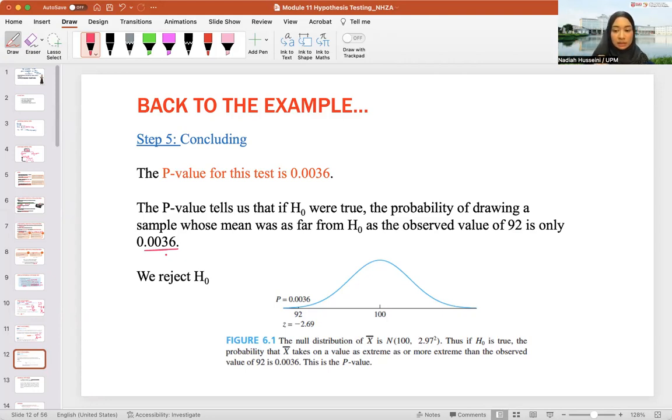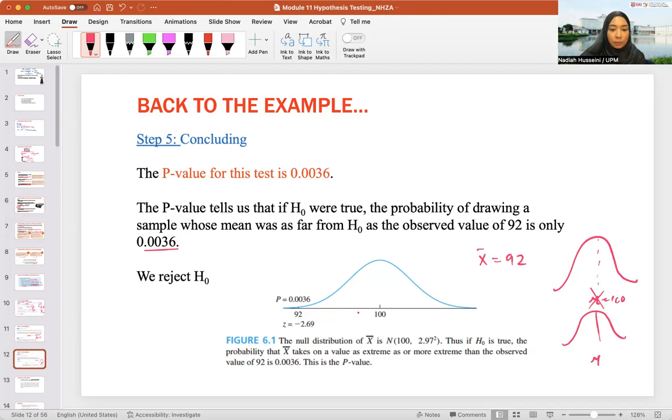It tells us that the probability of getting a sample mean of 92 from a distribution that has a mean of 100 is 0.0036, which means that the occurrence is very, very unlikely to come from this distribution. Another way to interpret this is that mu is not equal to 100, but a different value. So it cannot come from this distribution, and therefore our mu is something else.